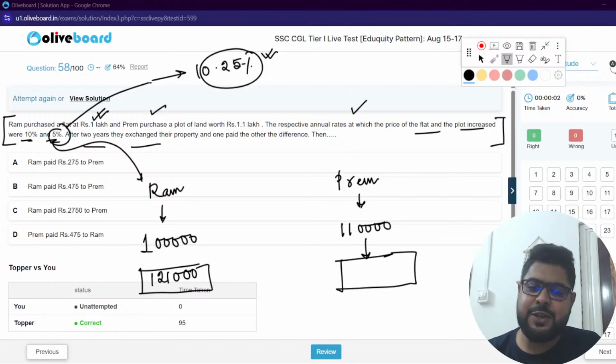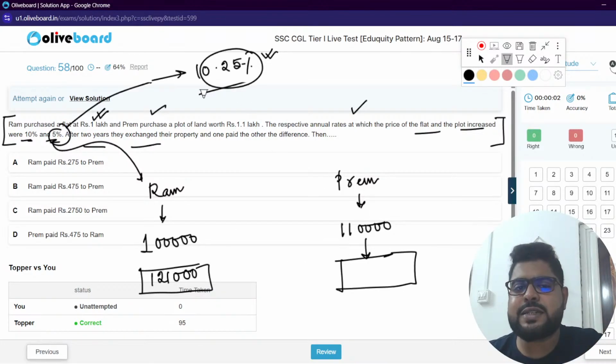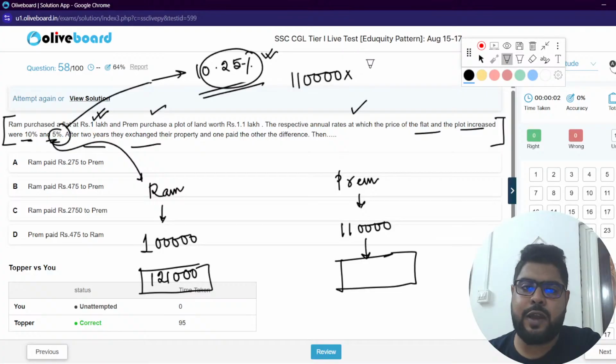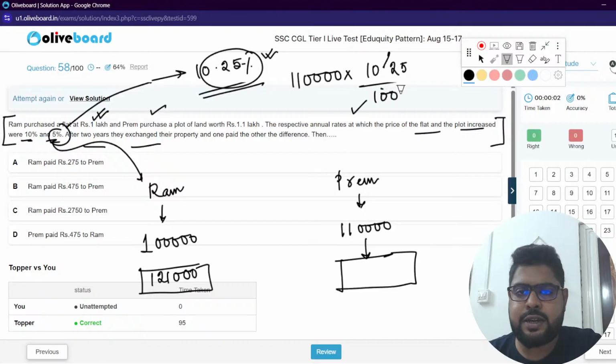Okay? Let's go, sir. So 10.25% increment. What will that value become, sir? 1, 2, 3, 4 into 10.25. 100, and get rid of this. So 1, 2, 0, 1, 2, 3, 4.